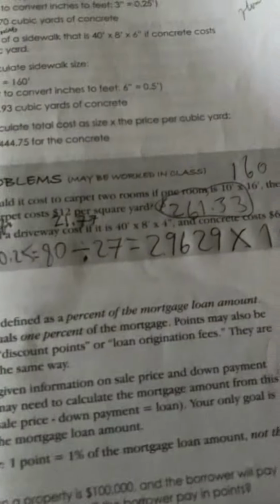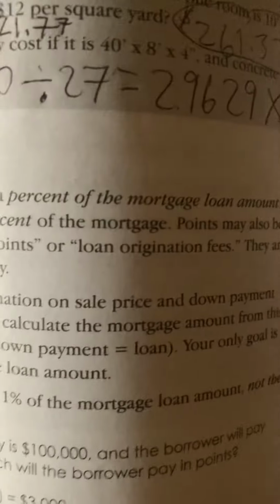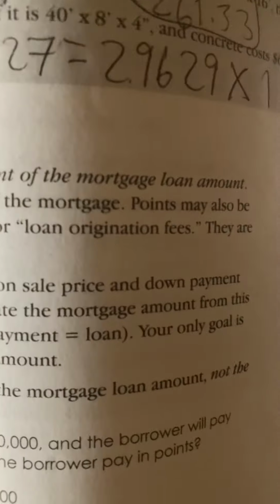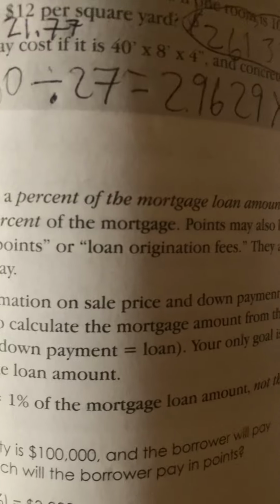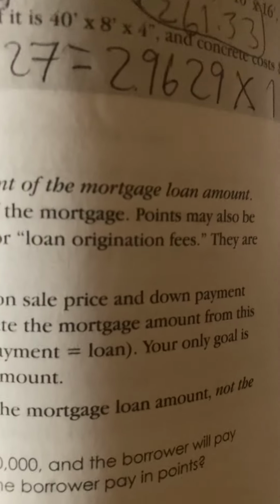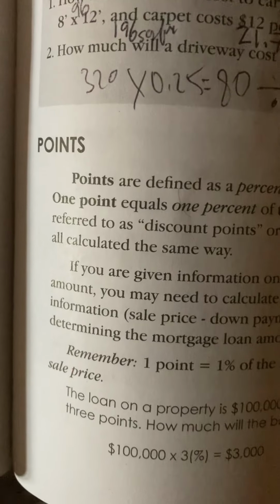Points. Points are defined as a percent of the mortgage loan amount. One point equals 1% of the mortgage. Points may also be referred to as discount points or loan origination fees. They are all calculated the same way.